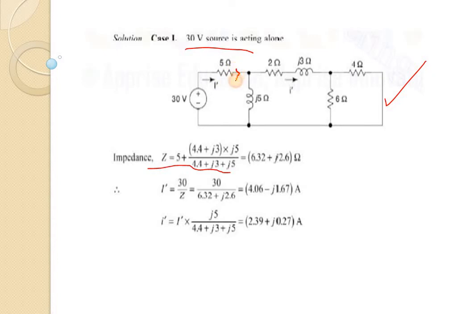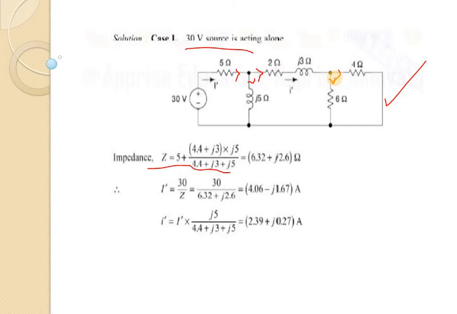First, the total current comes through the 5 ohm branch, then it is divided into the J5 ohm branch and the 2 plus J3 ohm branch. Then the current of the 2 plus J3 ohm branch again divides into these two parts, 4 ohm and 6 ohm. That means wherever the currents are dividing, those branches are in parallel.